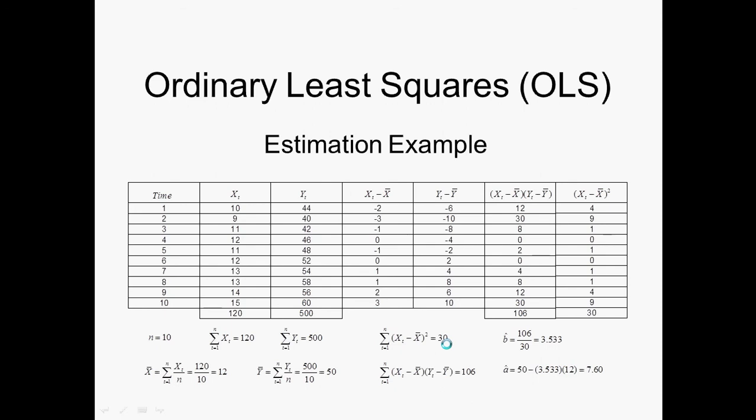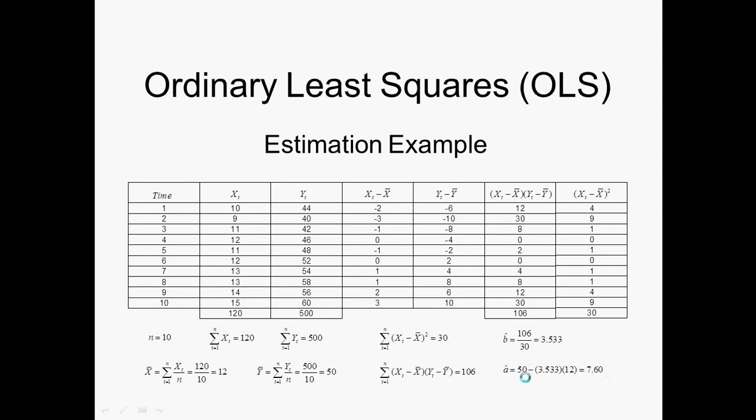It's funny that it worked out that neatly. Similarly, we plug these into the numerator. So we take each xt, subtract x bar, each yt, subtract y bar, multiply those together, and add them all up. We get 106. So then we get our value for b hat, estimated 3.533.